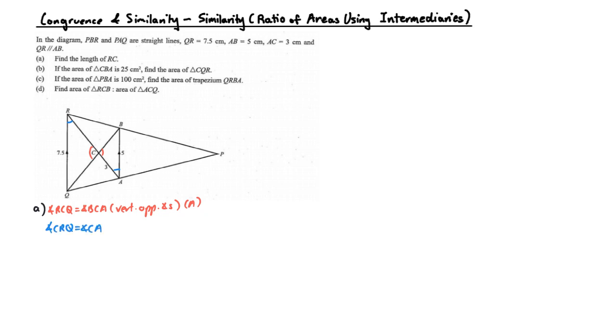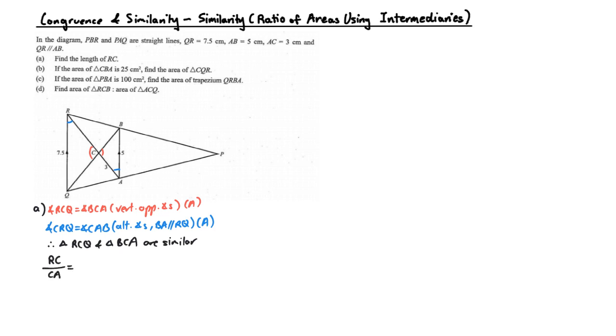So angle CRQ equals angle CAB, alternate angles, because BA is parallel to RQ. That's A. Therefore, triangle RCQ and triangle BCA are similar.